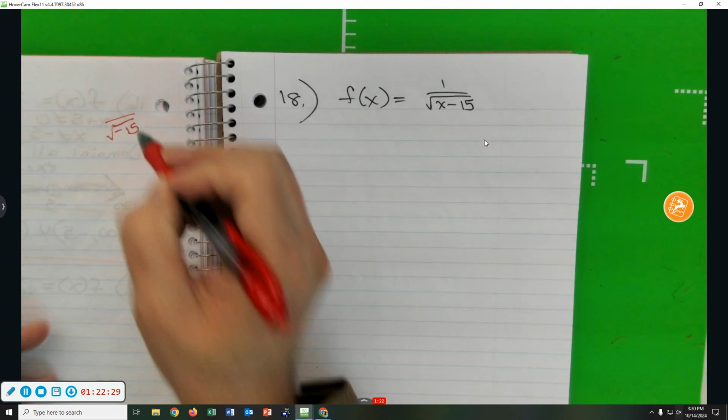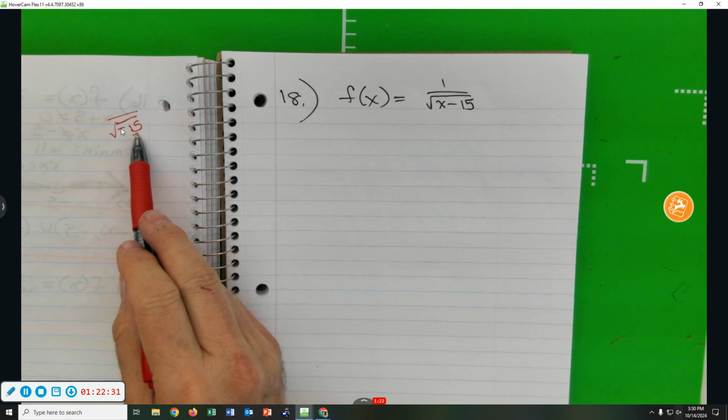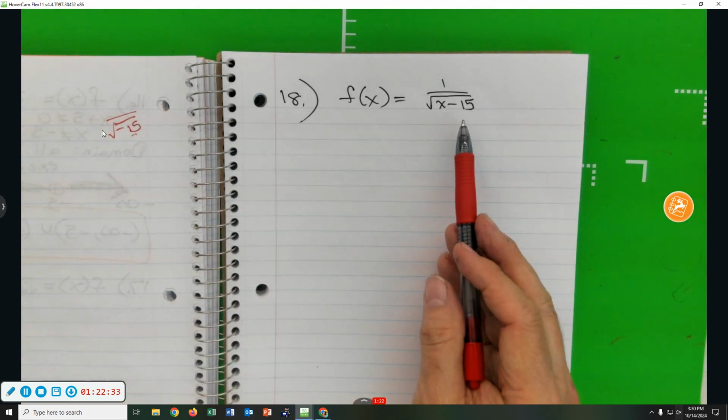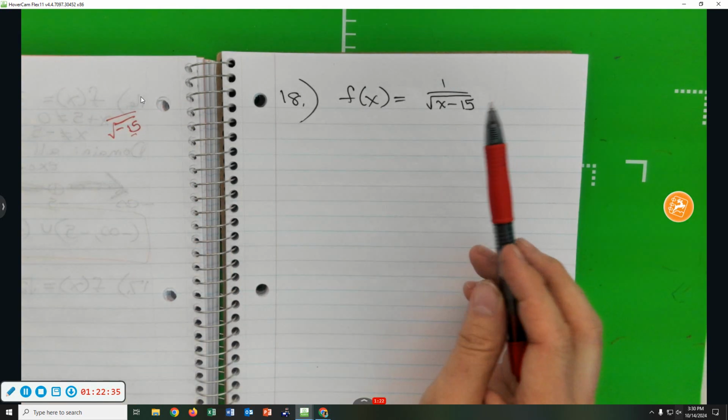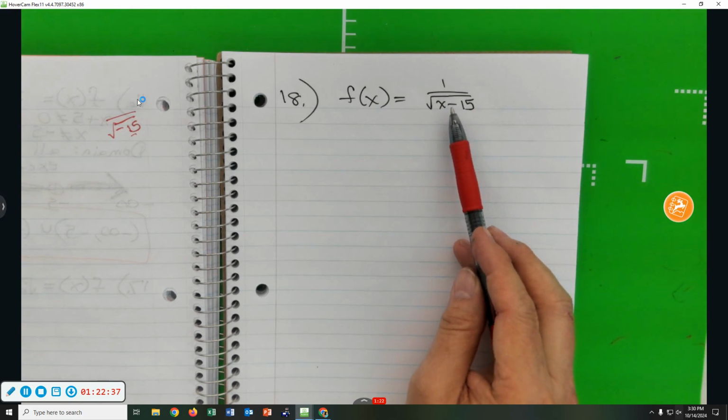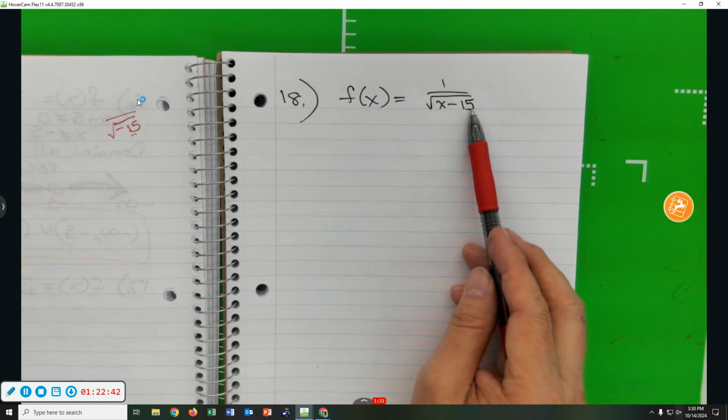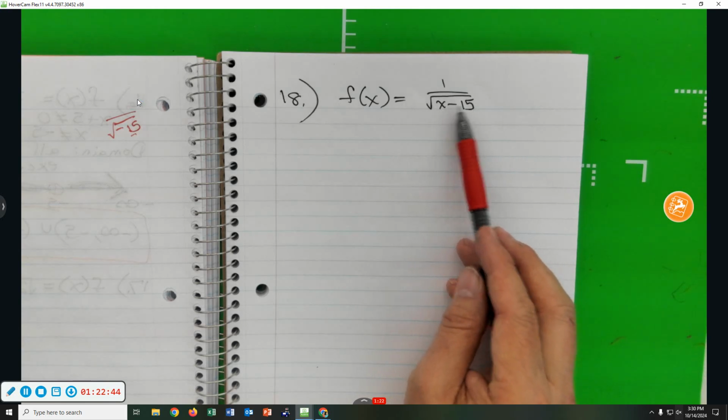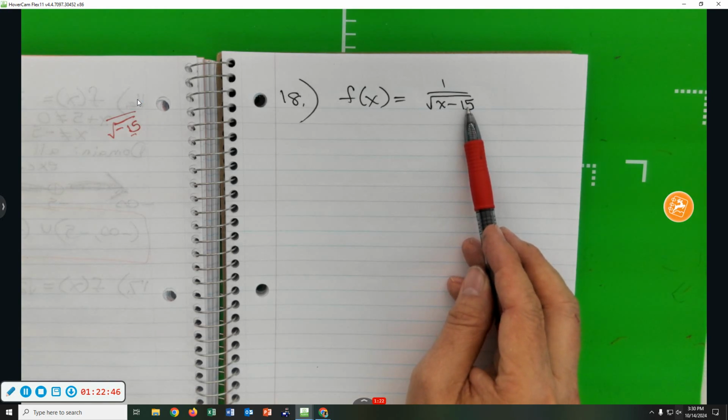Negative 15 in the bottom? That's imaginary. So it can't be all real numbers. We can't let this thing down here be negative. If you plug in something like 3 minus 15, that's the square root of negative 12. That's imaginary. You can't have an imaginary y value because you can't label an imaginary number on a y-axis.